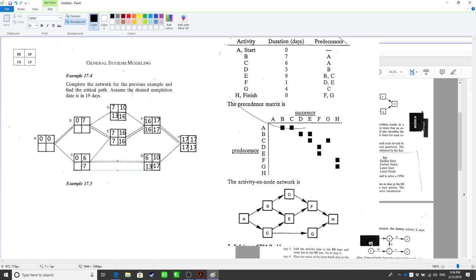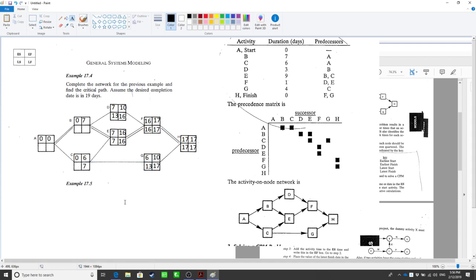That's the latest finish time of C. Because if you make C finish later than 7, then E won't be able to start at the time of 7. Okay, so that violates the latest start time of E, which is 7.